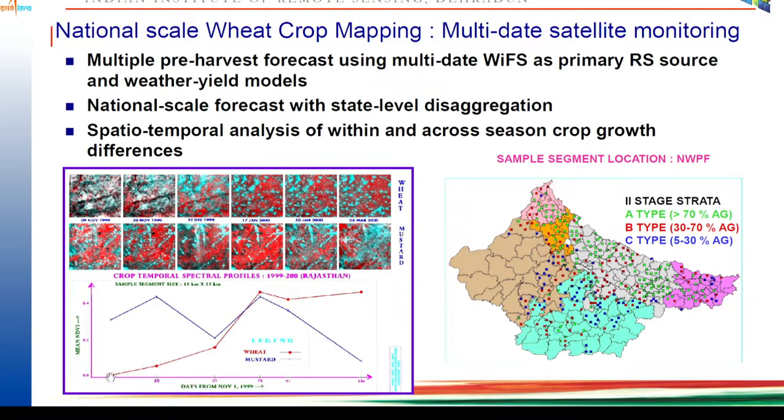This wheat crop is sown by the first week of November and harvested by mid April. But mustard is sown by the end of October and harvested by the first week of March. Now here one curiosity will be, why is there a dip, or why are there two peaks in the case of mustard?